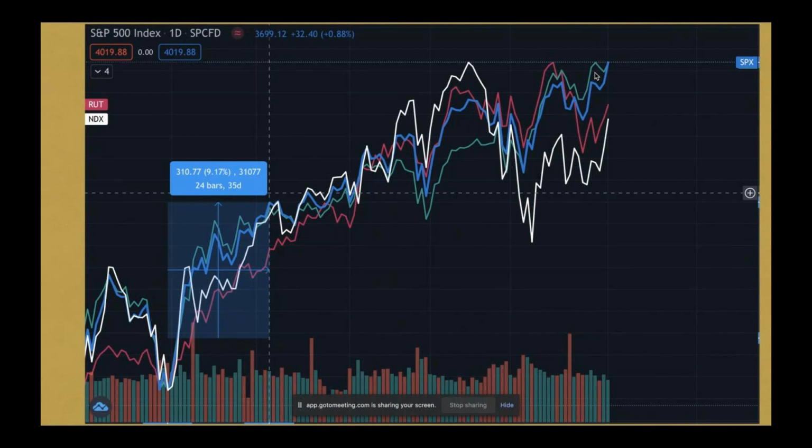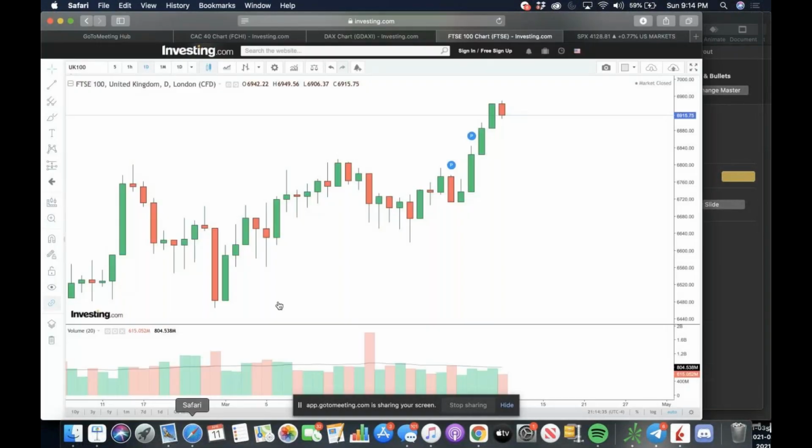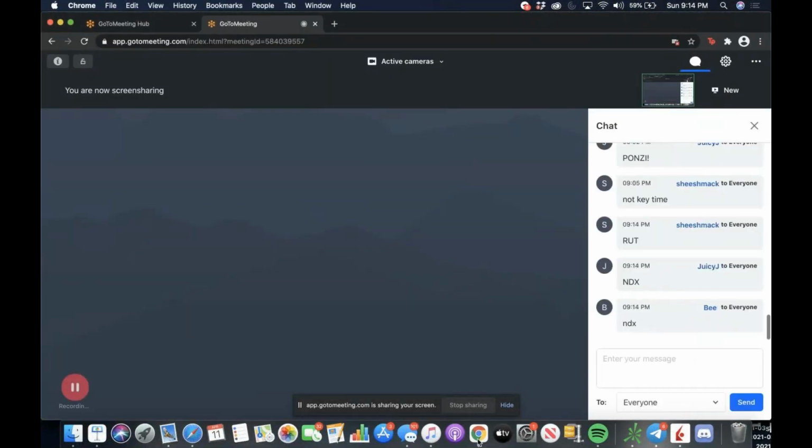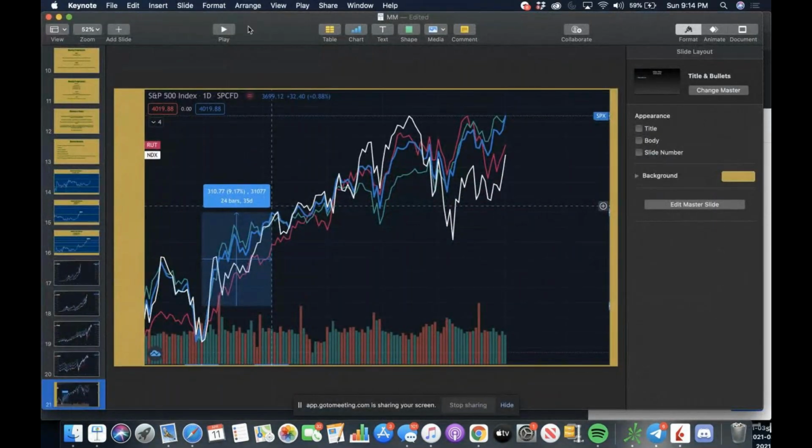Which index do we want to see step it up and not pause or stall, or else it would cause a definite correction? You guys remember? NDX, correct. We had two different indices that we're looking at.